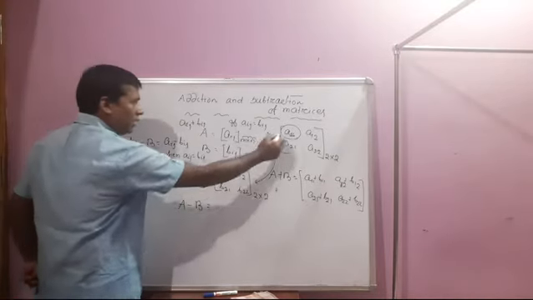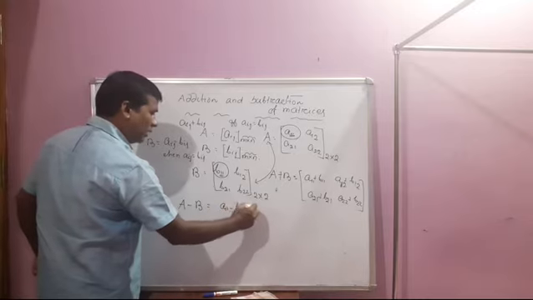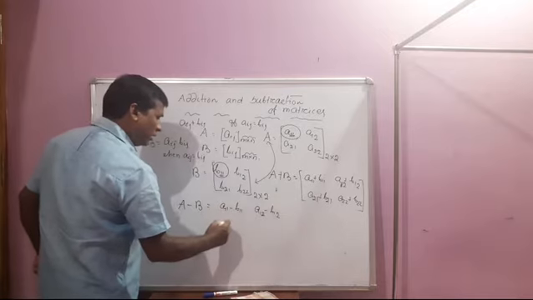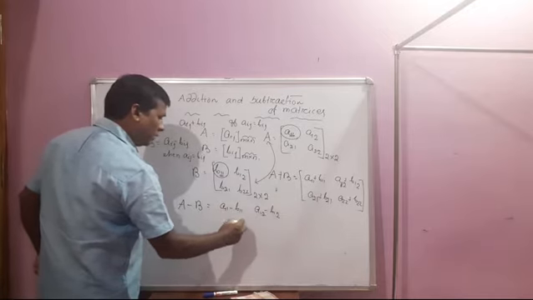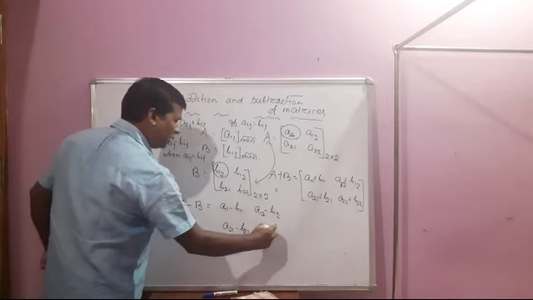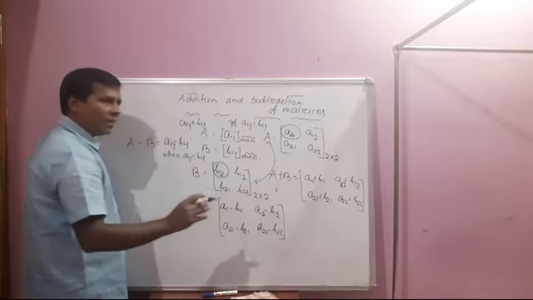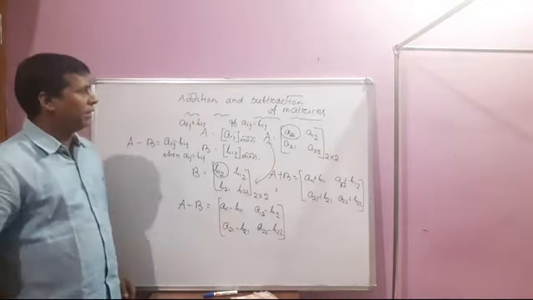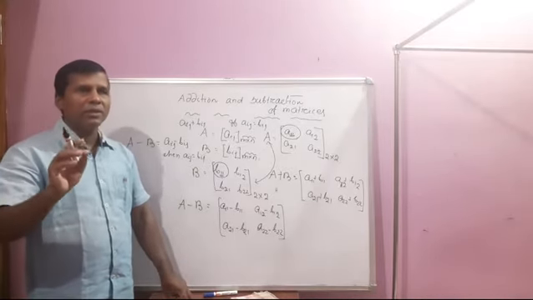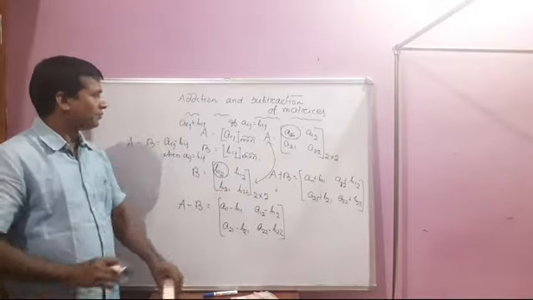A minus B is equal to A11 minus B11, A12 minus B12, A21 minus B21, A22 minus B22. Only matrices of the same order can be added or subtracted from each other.